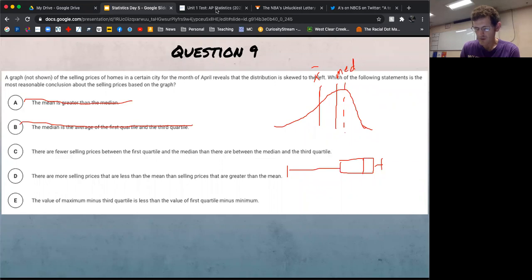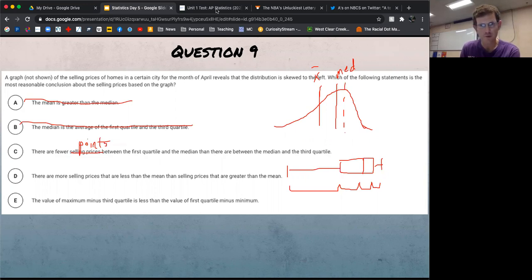We have to remember that when we're talking about a box plot, every single part of it contains 25% of the data. So when we look at this answer choice, there are fewer selling prices, and the selling prices are points. There are fewer points between the first quartile and the median than there are between the median and the third quartile.